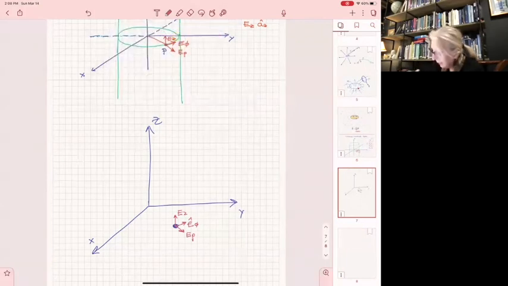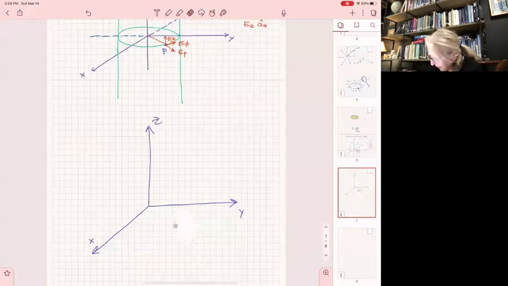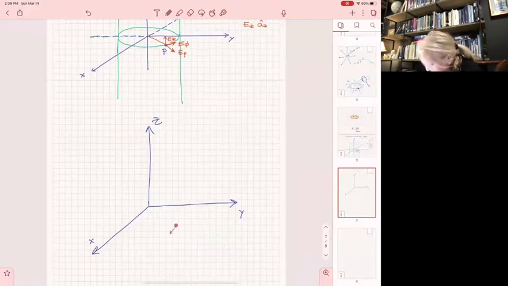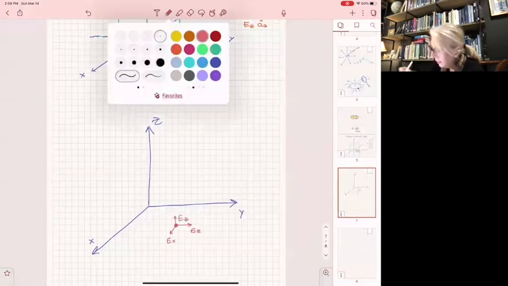So practically here, if I were to express the field at the same point, but in terms of coordinates X, Y, and Z, I would find E sub X, E sub Y, and E sub Z. Okay, so this is same point P there and P here.